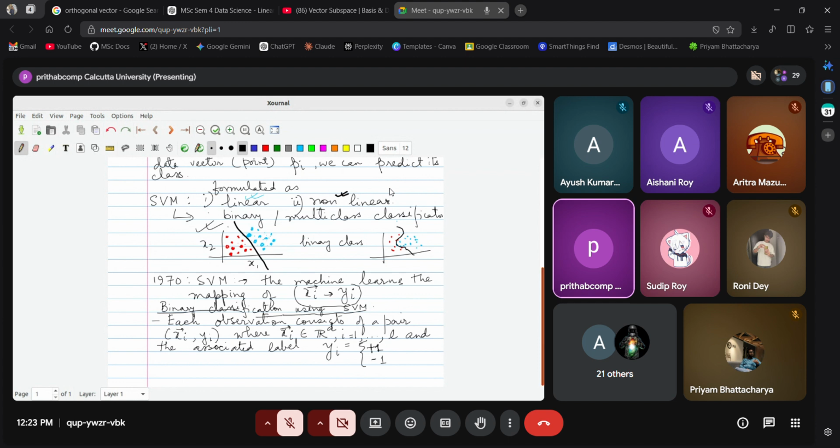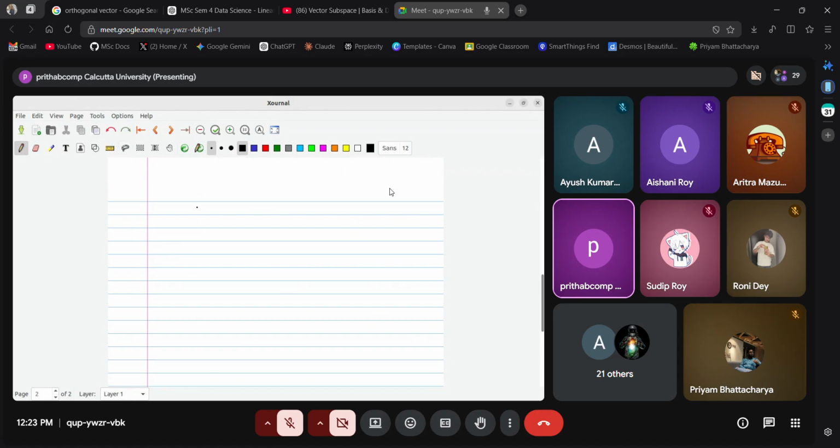There are two classes, so maybe the true you represent as +1 and the false as -1. So this yi belongs to either +1 or -1, and xi belongs to the space of d-dimensional vectors.